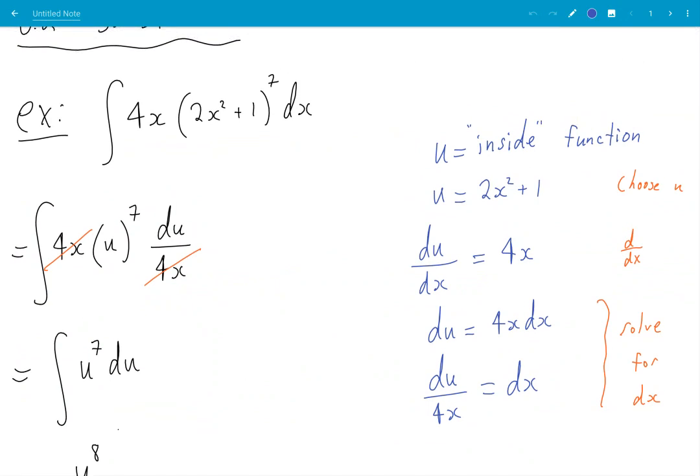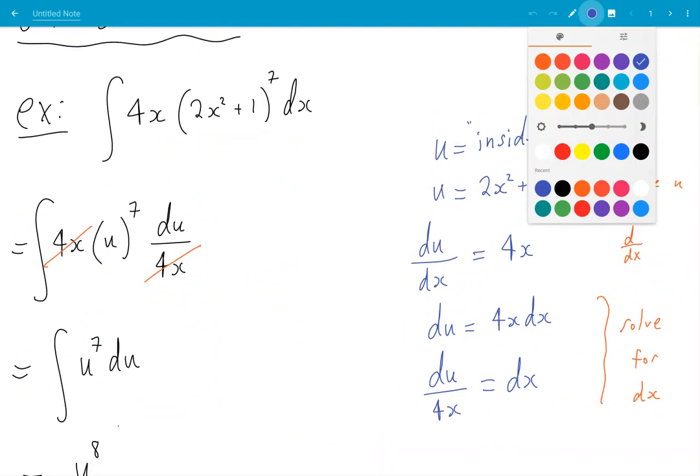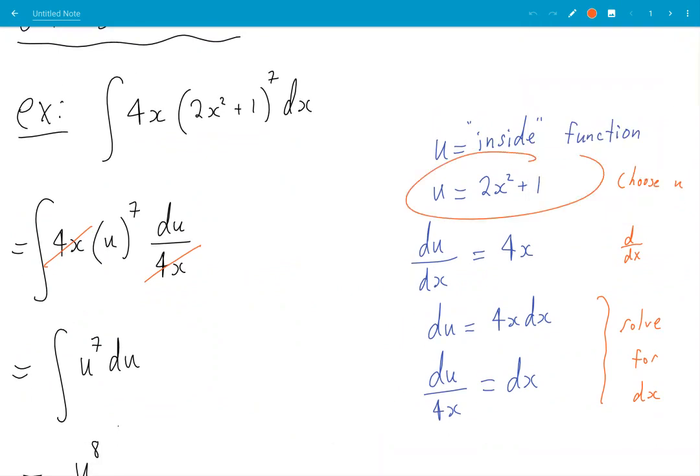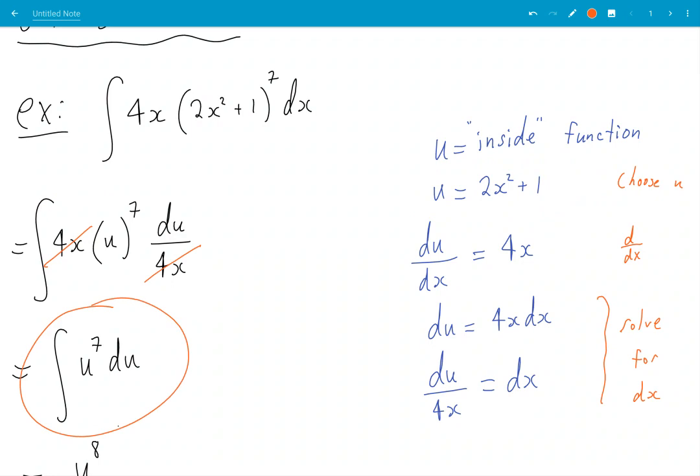First example I did in substitution. I want to talk about why this worked. Well, it worked in the sense that I got this cancellation I wanted, all my x's disappeared. Now, let me just say something.